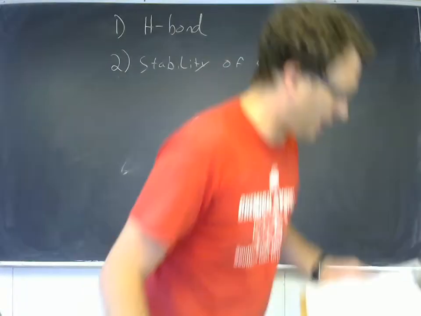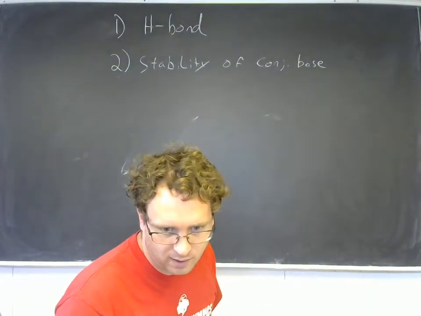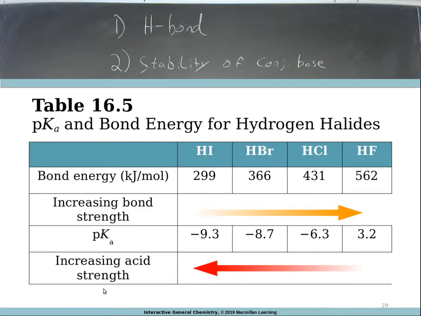So to start with, we'll look at figure 16.5. Remember, the pKa is the negative log of the Ka. And here we have some negative pKa values. Those are strong acids. Their Ka means that they're product favored in the ionization reaction with water.